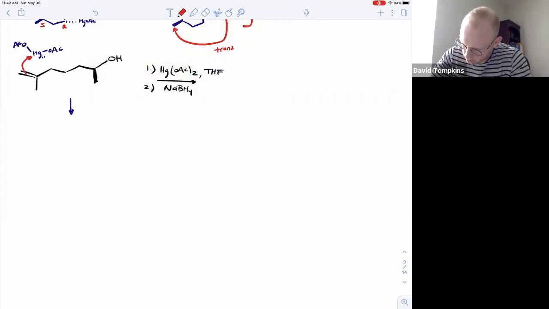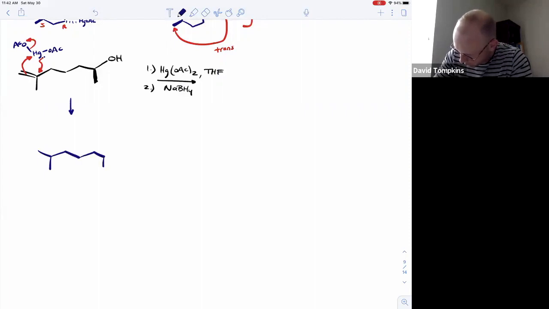So the pi bond is going to attack mercury, kick out a leaving group, and mercury can make a bond with what was the alkene to form a bridge intermediate. I'm not going to show any stereochemistry for the bridge intermediate, and you'll see why in just a minute, although it could form on either face of the alkene.